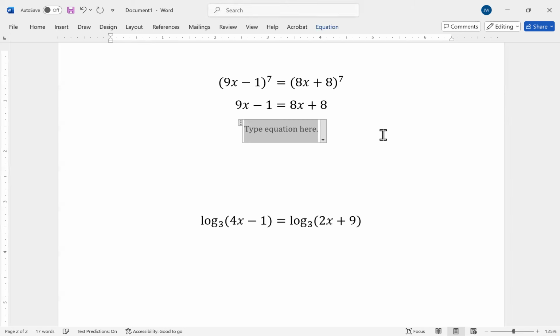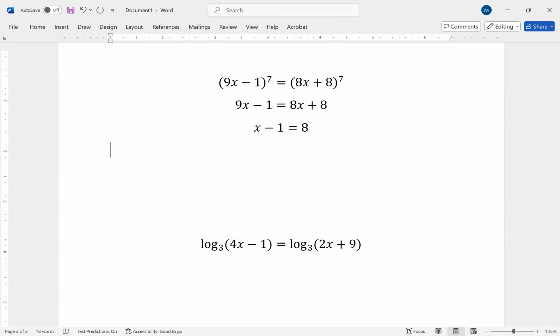Then doing my standard solving technique, I would subtract 8x from both sides. That would give me 1x minus 1 is equal to 8. And then I'd add 1 to both sides. And that would give me x is equal to 9.